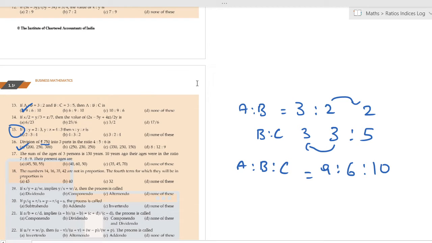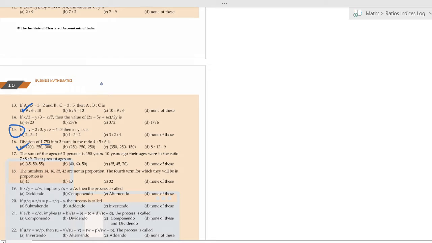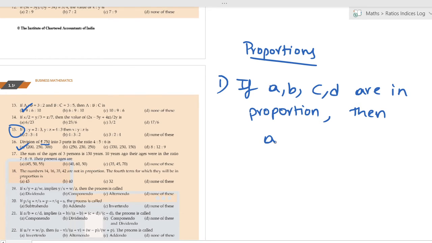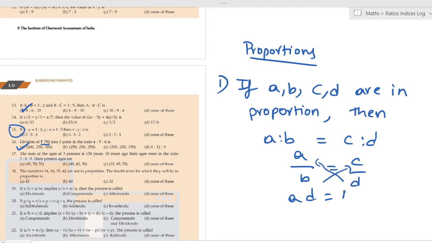So next we'll start with proportions. Proportions: if A, B, C, D are in proportion, then A is to B equals to C is to D. That means A by B equals to C by D. So if A by B equals C by D, if we cross multiply, AD equals to BC.